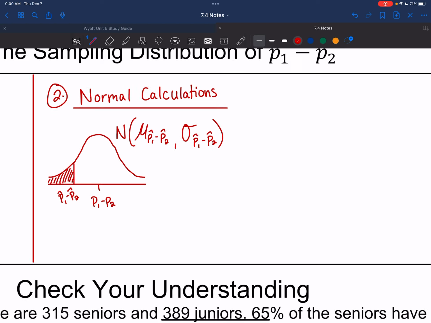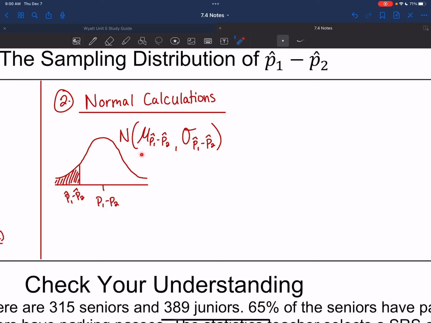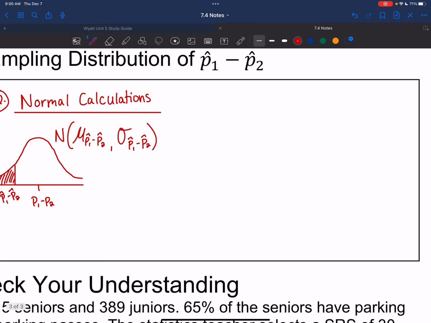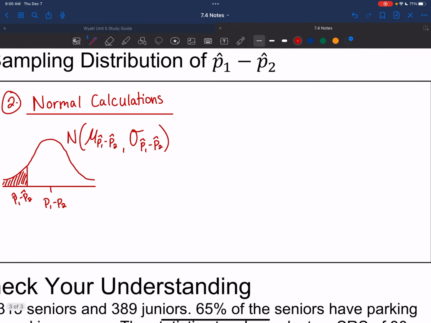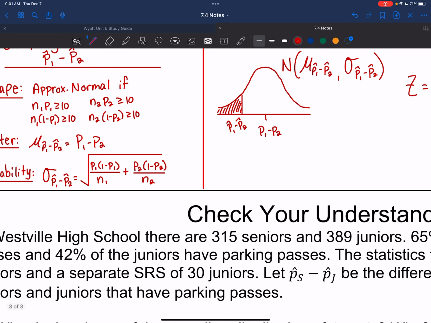If you are able to show that it is approximately normal, then you can calculate a z-score for it. So we've got z is equal to p hat 1 minus p hat 2 minus p1 minus p2, all divided by your standard deviation.